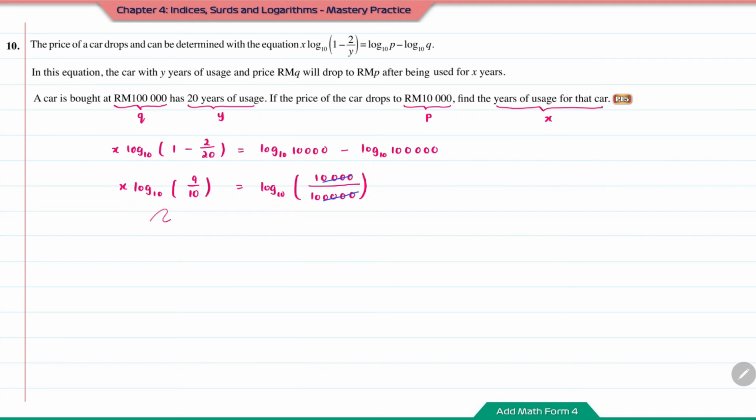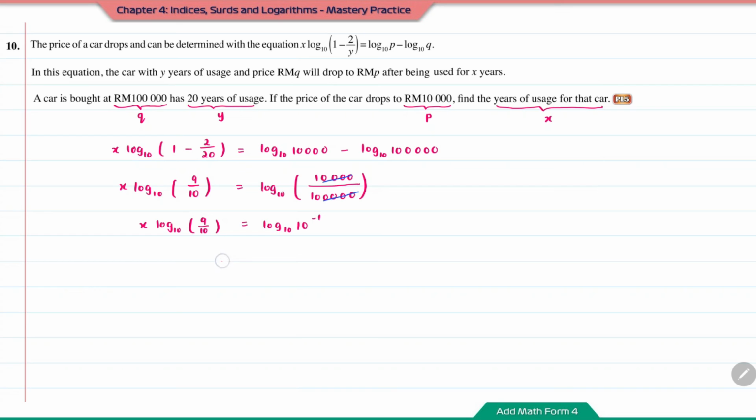So now this is going to be x times log base 10 of 9 over 10 equal to log base 10 of 1 over 10. We can write it as 10 to the power of negative 1.